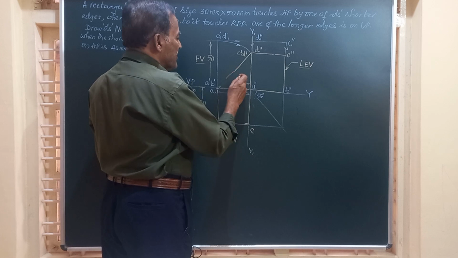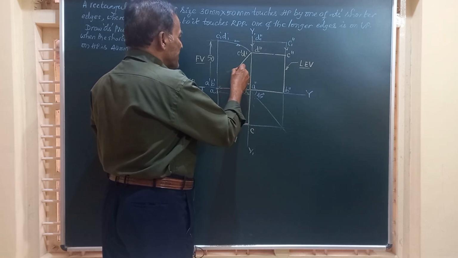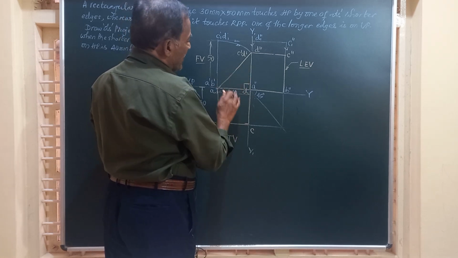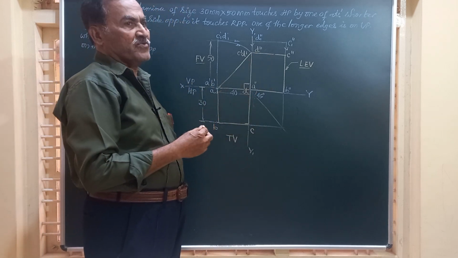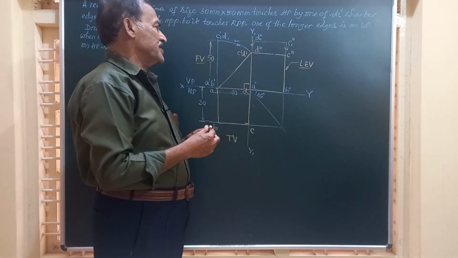Friends, this is very important. While placing the object, it has to be placed at a distance of 40 millimeter from the right profile plane, which is seen in the front view.